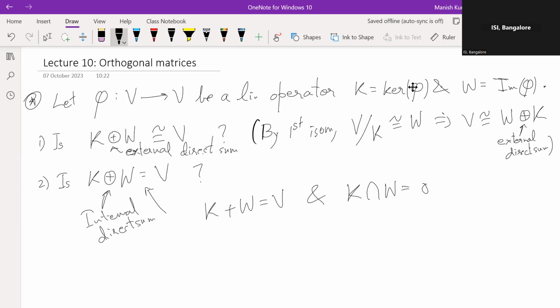So is this true? What do you think? If I take a linear operator on V, is this true? How many of you think it's true? How many of you think it's false?